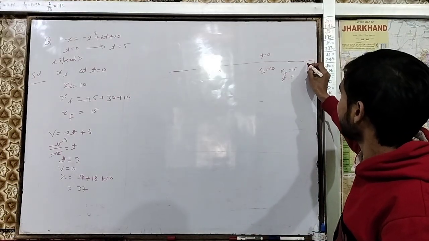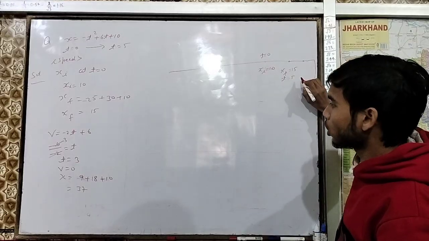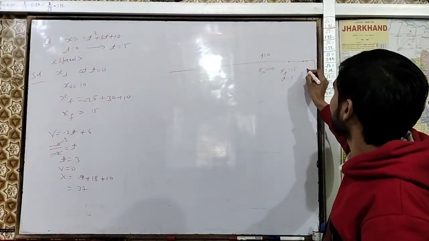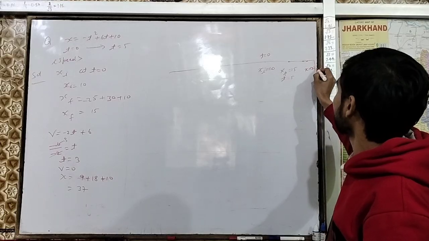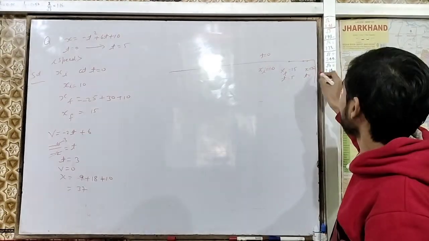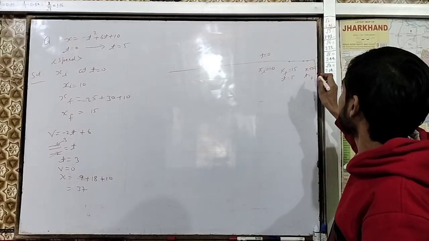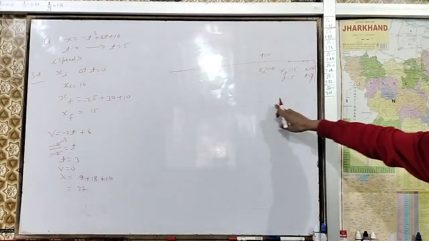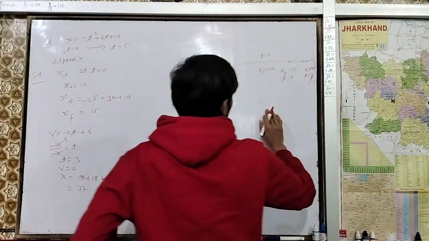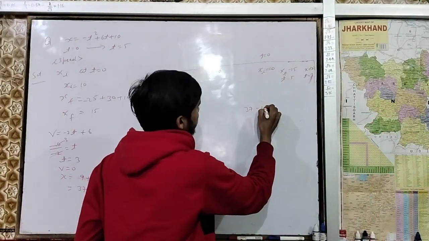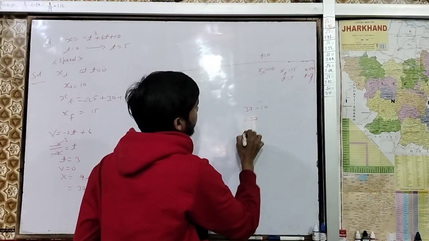So now turning is x is 37 and t is 3. First of all, here it started from here, 10. So 37 minus 10 will be your 27.